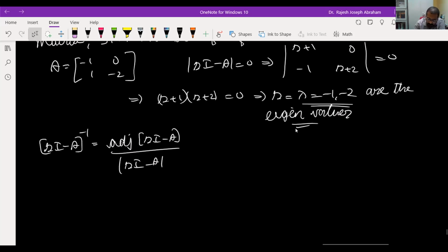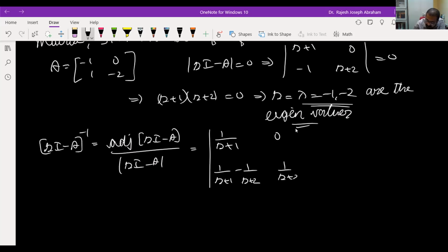Okay, so if you do this, you must get something like this. You can solve it at your own pace. [1 by s plus 1, 0; 1 by s plus 1 minus 1 by s plus 2, 1 by s plus 2]. This will be the resolvent matrix.